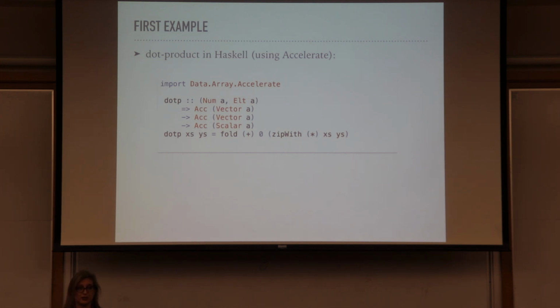It doesn't compute anything. And the vector is also slightly different, and scalar just means basically one value. So it takes two abstract syntax trees which describe computations that result in a vector, and it returns an abstract syntax tree which results in one value A. And the Elt type constraint just says, Accelerate can't accept all A's you throw in the Num type class, because that's not a closed thing.